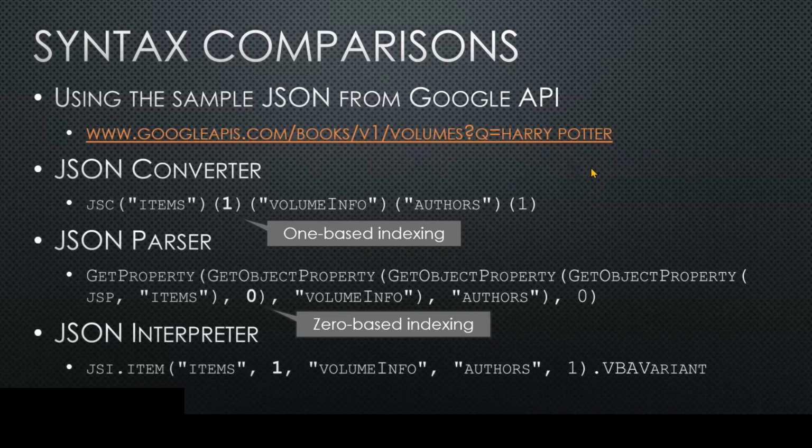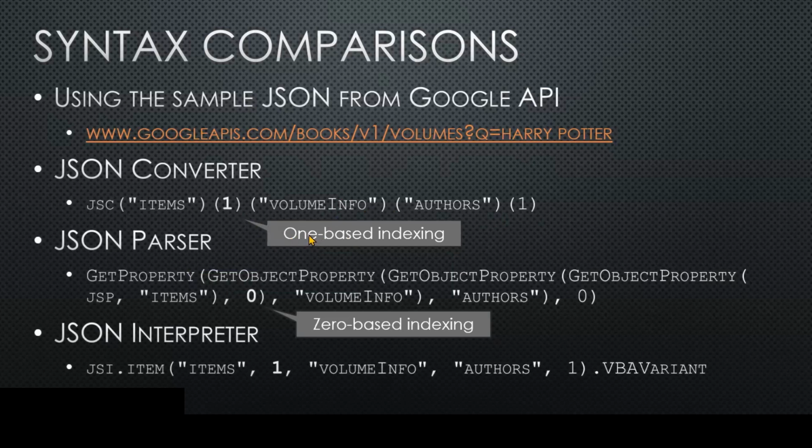Using the JSON converter like he demonstrated before, you take your object and use the parentheses notation and you go level by level to items and then the first object in that level, then you go to the next level, volume info, and then try to go to the authors listing in that and then the first listed author. And that's how you'd get J.K. Rowling, right? But also, as mentioned before, since this is using a dictionary or collection, it is one-based indexing.